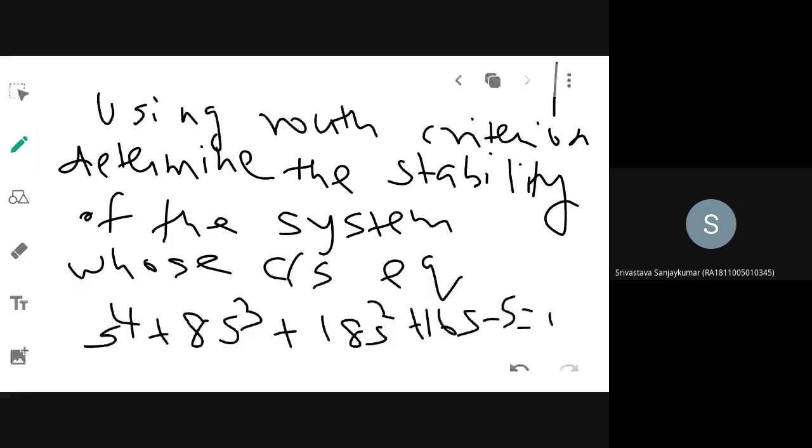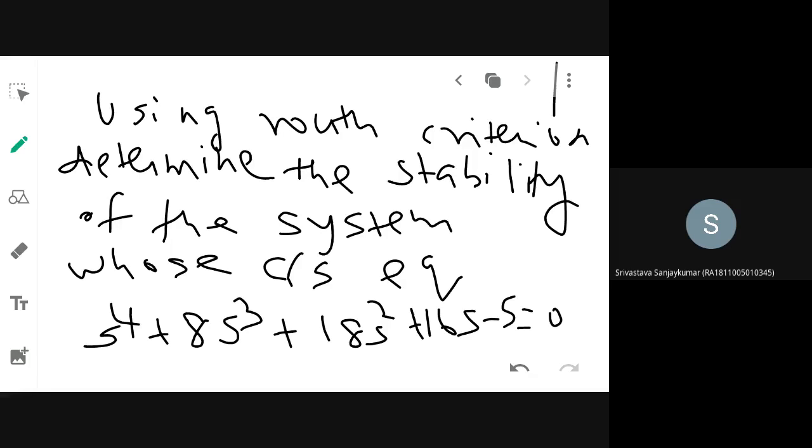Are you writing down the problem? Using Routh criterion, you have to determine the stability of the system. Given characteristic equation is s to the power 4 plus 8s cube plus 18s square plus 16s minus 5.